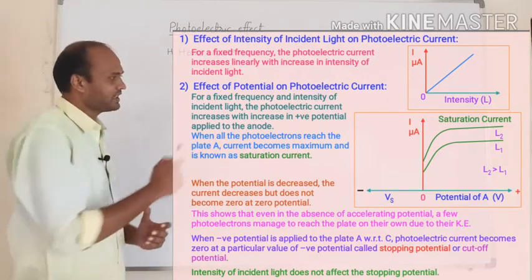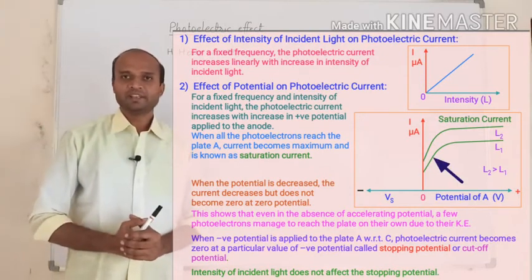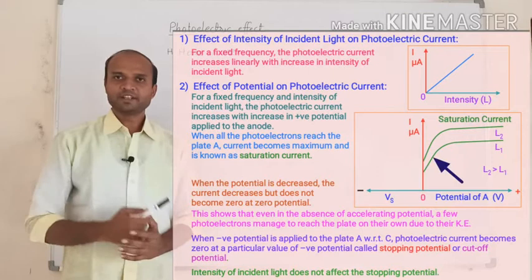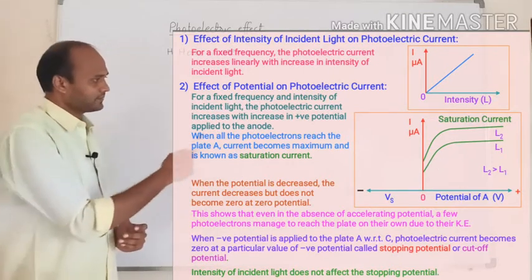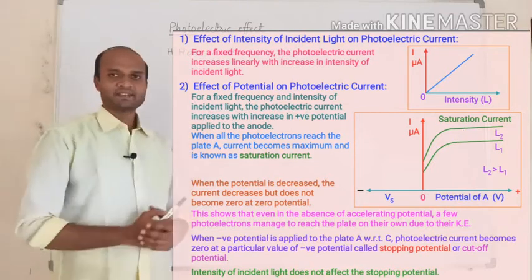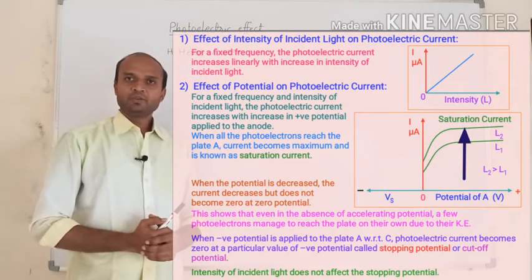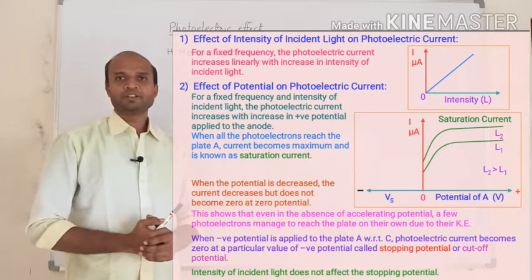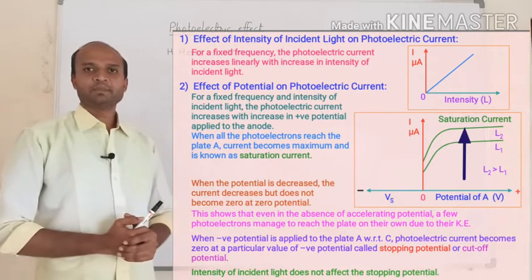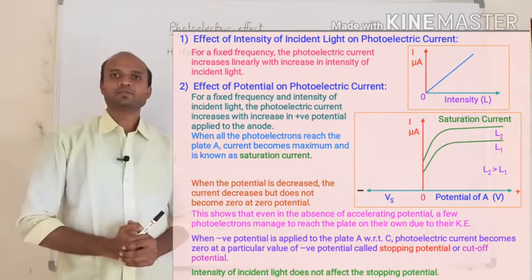As the potential difference increases, the photocurrent initially increases, and on further increasing the potential difference, the current becomes maximum. After that, even though we increase the potential difference, the photocurrent remains almost constant. That is called the saturation current.